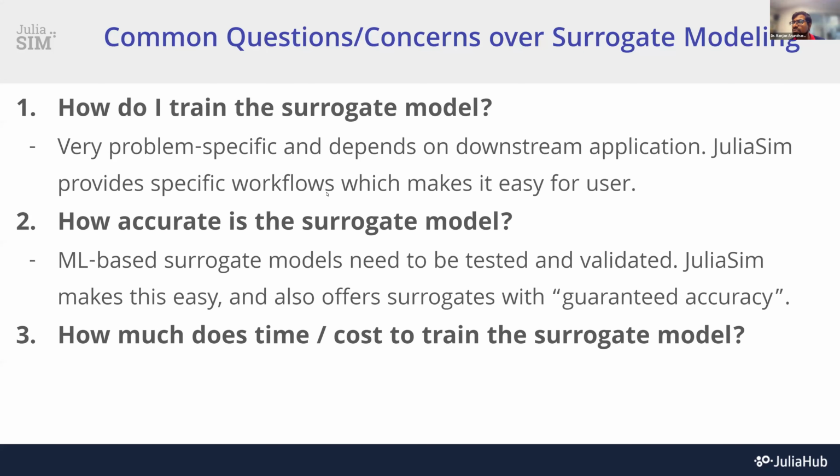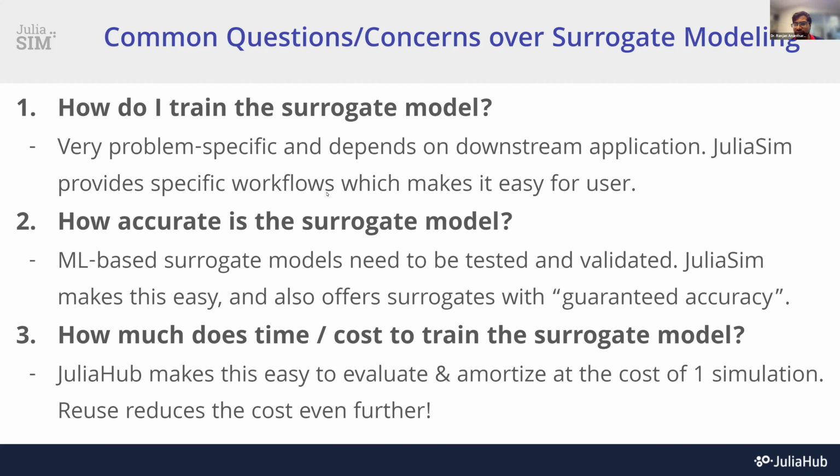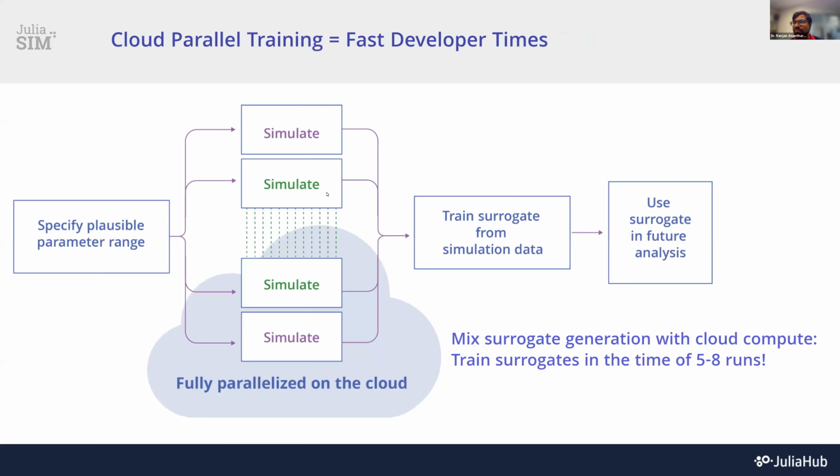Okay, so we covered concerns around surrogate modeling. JuliaSim you can use a number of ways. One of the ways is on our cloud-based platform, and our surrogate modeling tool is currently largely based on that platform, which we call JuliaHub, and which incidentally is the name of the company.